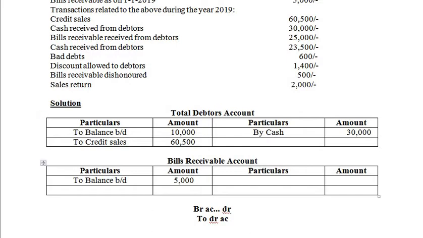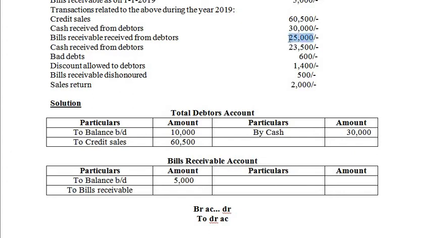Okay, you need not pass this entry, this is just for your information. So bills receivable account will be debited. So bills receivable account debit, to bills receivable account, and then what is the amount? 25,000.